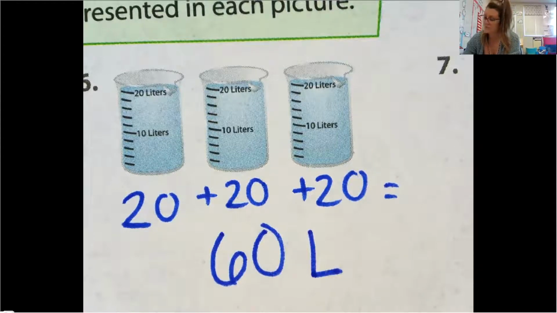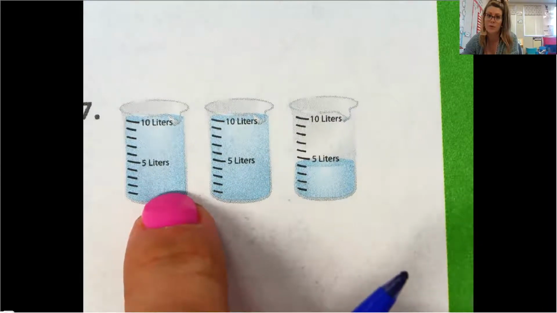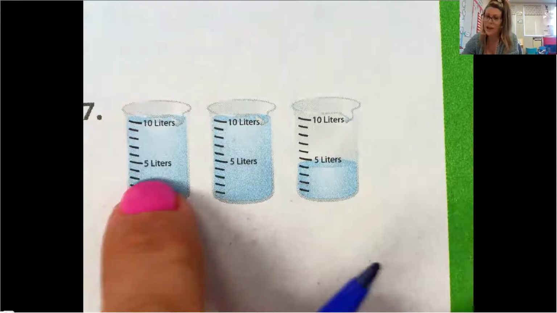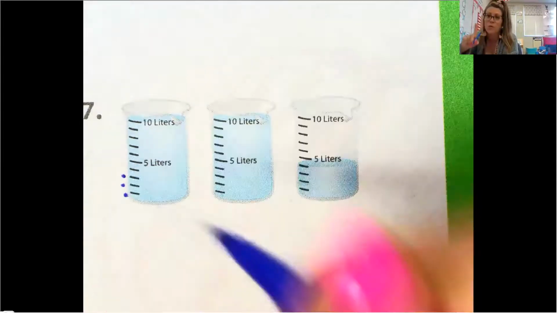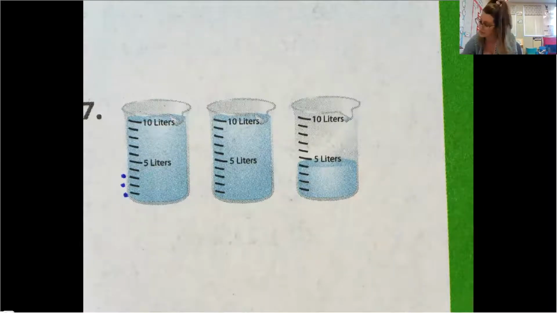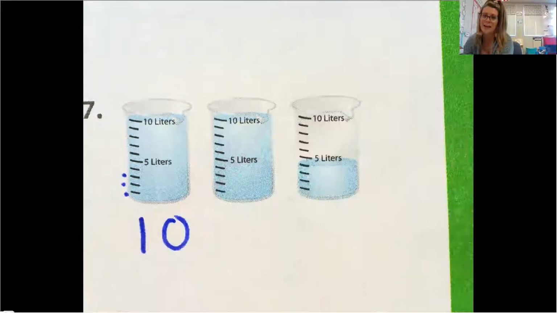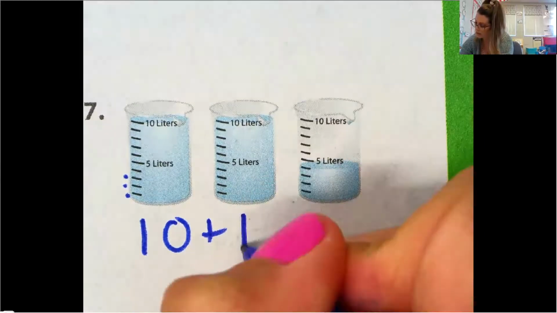Okay, guys? All right, let's look at number 7, always paying attention. Oh, this one's like the one we did before. We've got 5 is halfway and then 10. So we know each one of these little tick marks stands for 1, right? Okay, well, this one's filled all the way up. So we know we've got 10 plus another full one of 10.